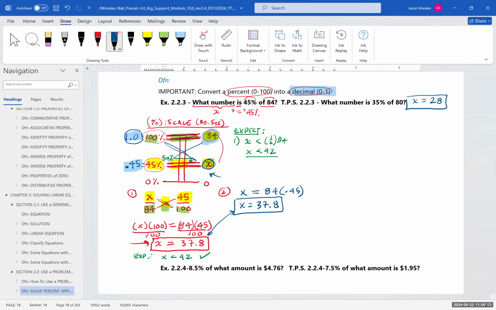The reason I don't want to move on is that this think, pair, share is formatted very much the same as this example, so I want you to use this example as a model for solving it. Give that a try. I'm going to give the solutions to all the think, pair, shares in one video, which will be coming at the end.